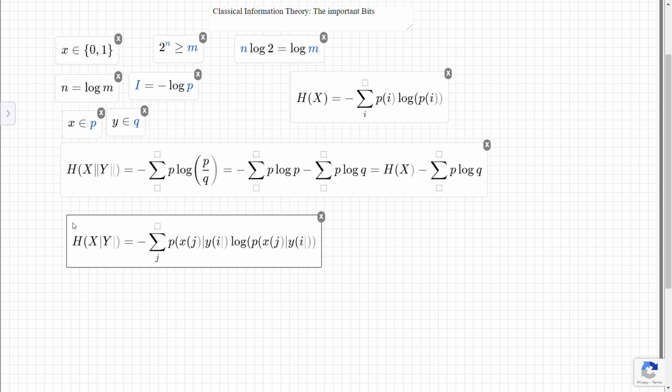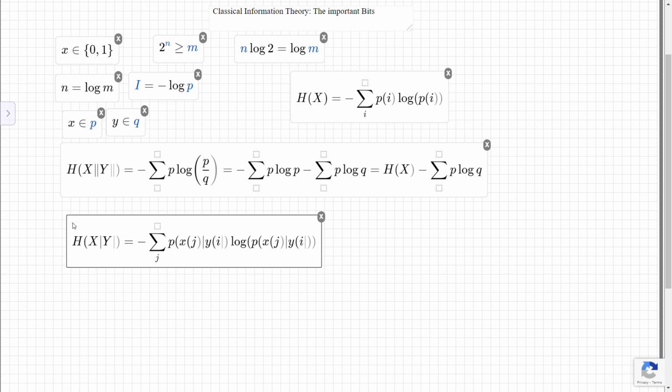So we already know what yi is, and we are just calculating the value of x when yi is provided. So what conditional entropy basically represents is that you're trying to find out the entropy of x given that you already know the entropy of y, or at least the probability distribution behind it.